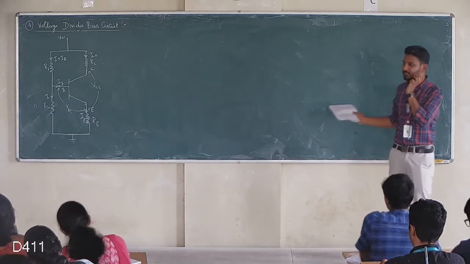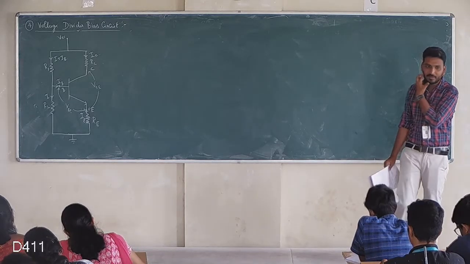Okay, next type is the last type, voltage divider bias circuit.